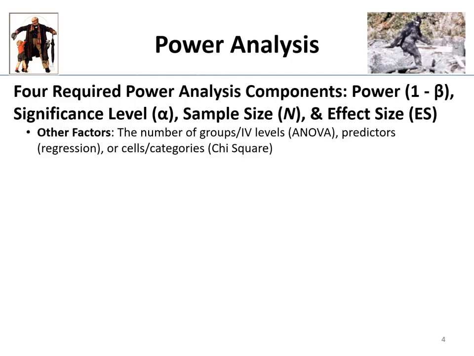There are some other factors that pop up. For example, if you're doing ANOVA, the number of levels or groups of the independent variable matters. If you're doing regression, the number of predictors that you use or want to use matters. And if you're doing something with categorical data, so chi-square, the number of categories or cells of those categorical variables matters.